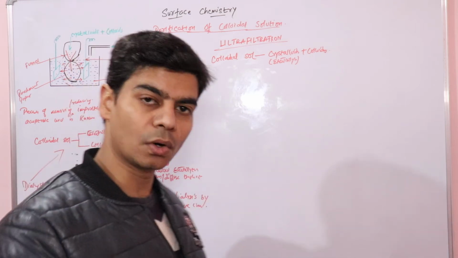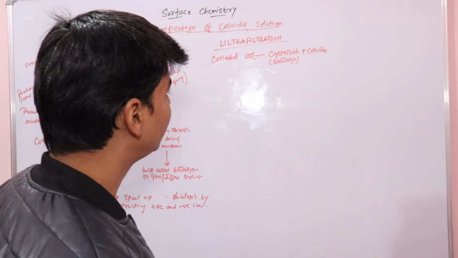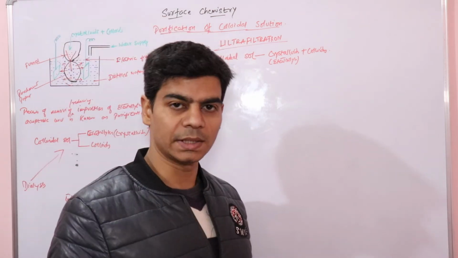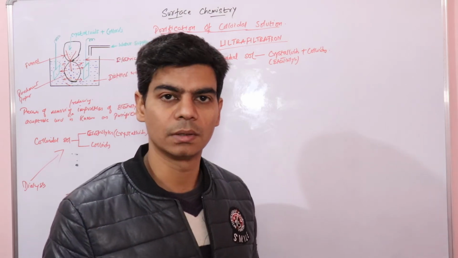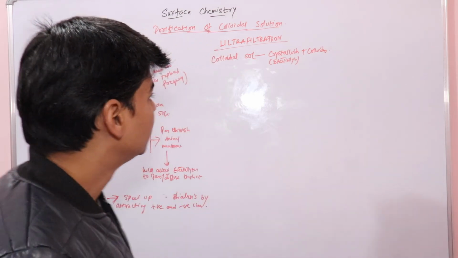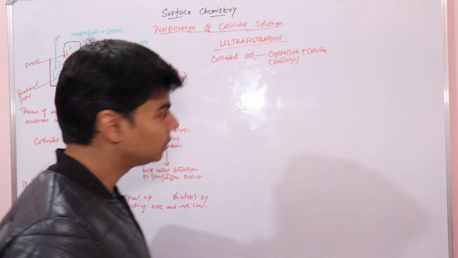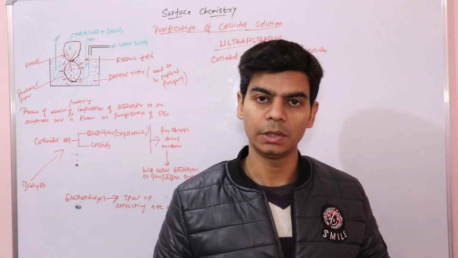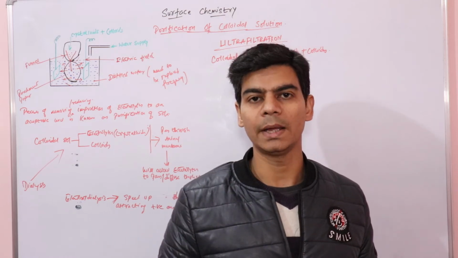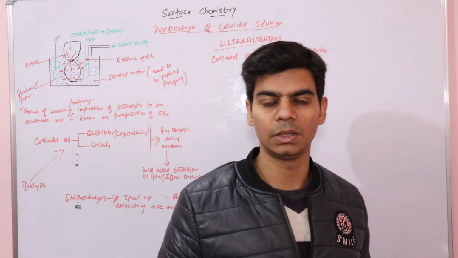But this is not possible with the ordinary filter paper, because ordinary filter paper has a pore size such that it will allow crystalloids and colloids to pass through it. So what we will do is treat the ordinary filter paper with a solution of collodion or gelatin, followed by hardening it by dipping it in formaldehyde solution.